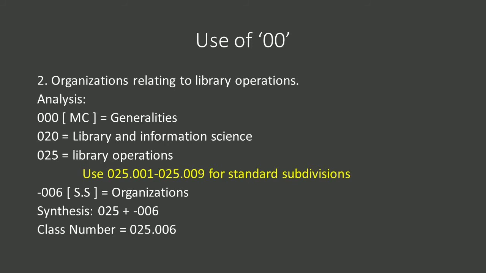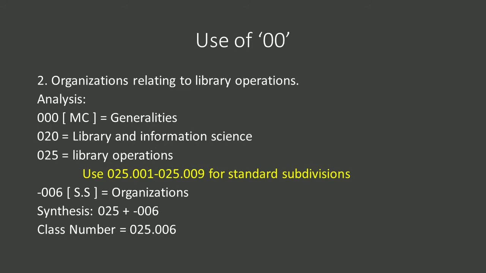Here under library operation is the instruction for using the standard subdivision. How to use it? Use 025.001-025.009 for standard subdivision. Here 025 is the notation for library operation, and .001 to .009 is for standard subdivision.